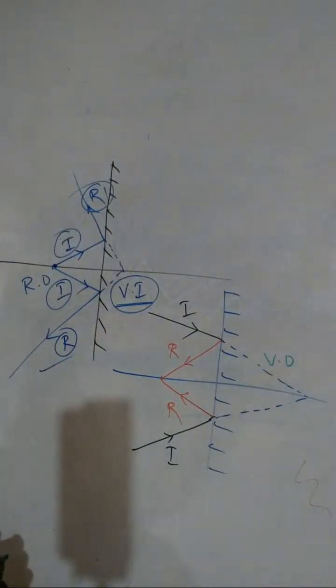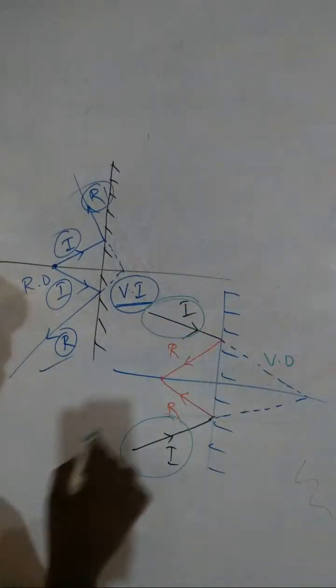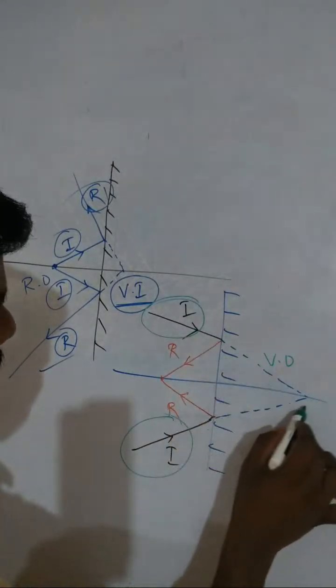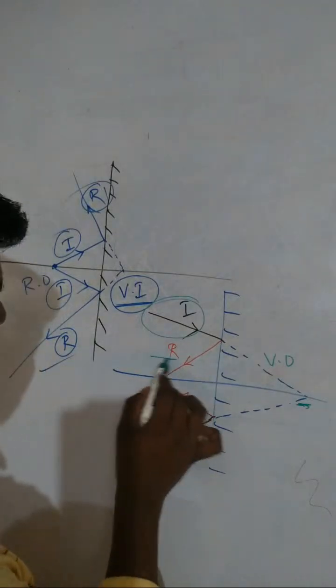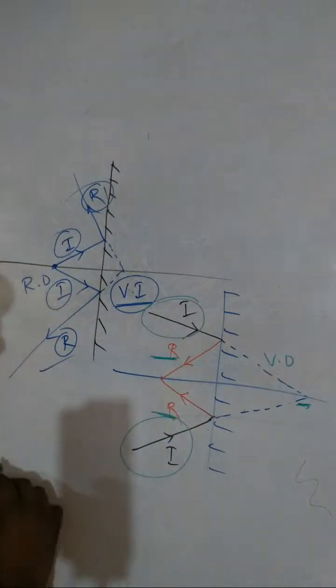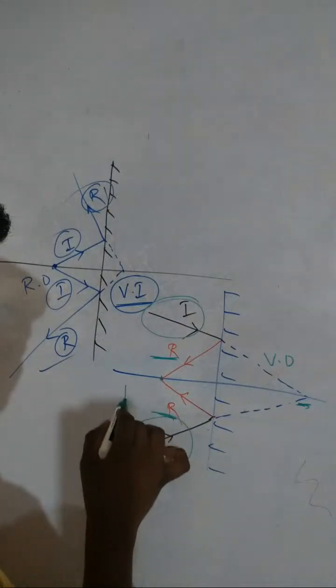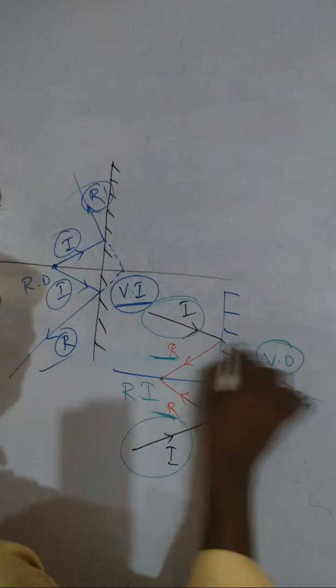These are the incident rays, and we are extending those incident rays. Those incident rays are meeting at one point. Here you can observe this is the reflected ray, this is also a reflected light ray. Those reflected light rays are meeting at one point, so that is called a real image. This is the virtual object.